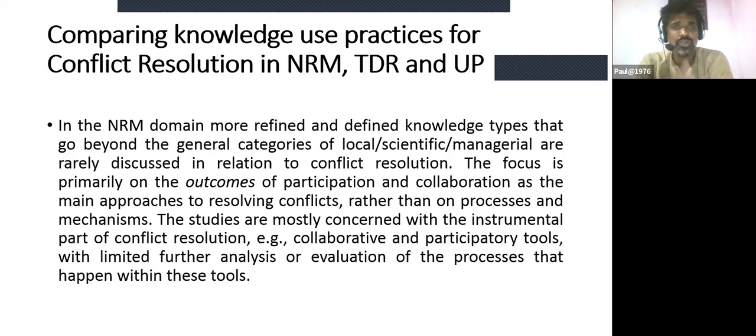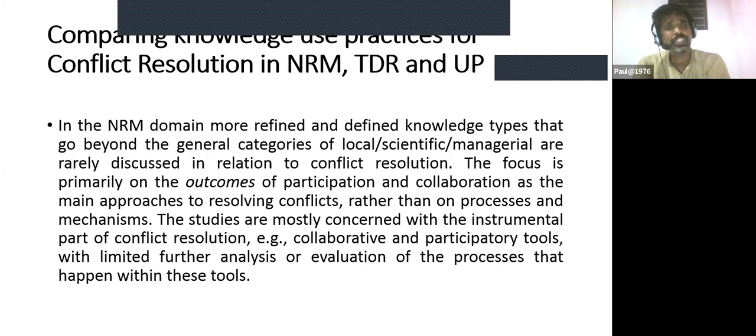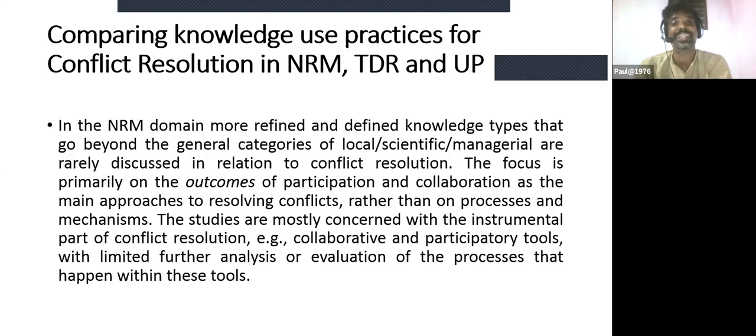So let us now try to compare all these three things and look at them from an interdisciplinary approach perspective. In the natural resource management domain, more refined and defined knowledge types that go beyond the general categories of local, scientific, and managerial are rarely discussed in relation to conflict resolution.